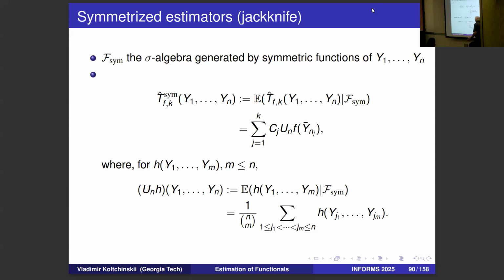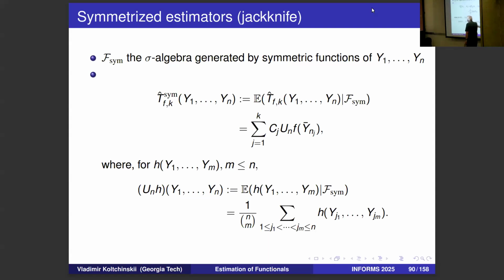So what is this about? If I denote by F sim the sigma algebra generated by all symmetric functions of random variables y1, ..., yn, then I can project my estimator, this linear combination of plugins, onto the space of symmetric functions by taking the conditional expectation with respect to the sigma algebra F sim.